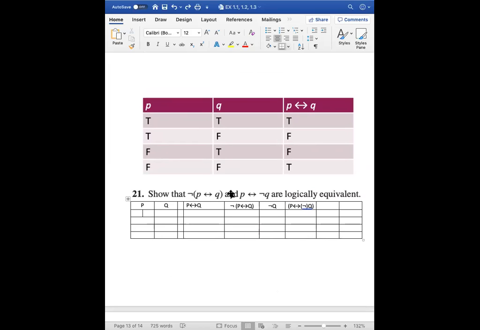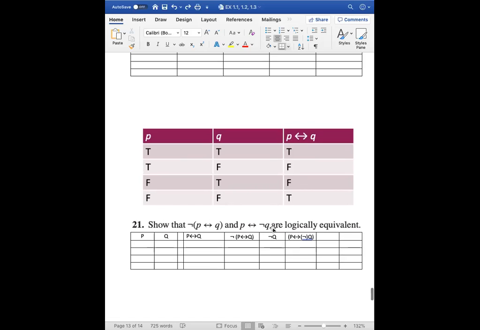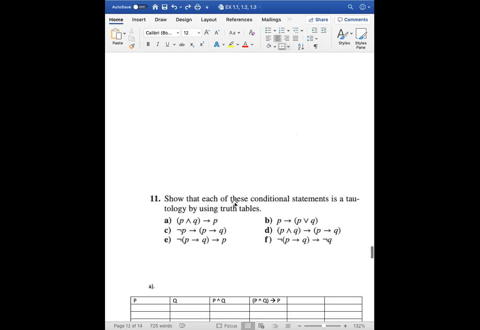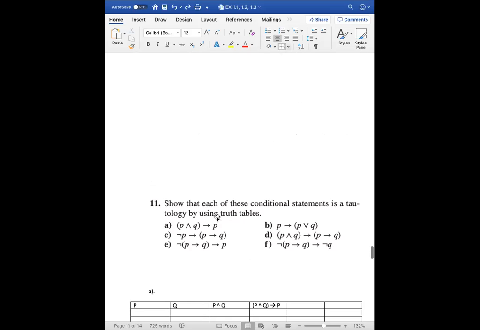Can I ask you a quick question? Yep. I was trying this question, but I didn't use the truth table. I used the logic laws. Yeah, that's fine as well, because the question doesn't ask you to use a truth table, unlike here, where it says by using truth table.